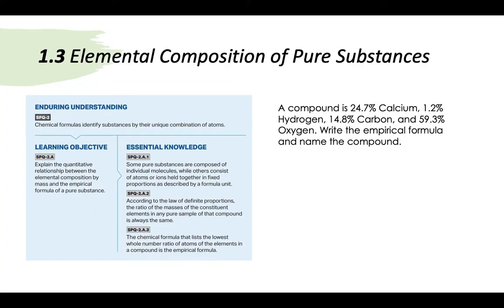So, elemental composition of pure substances. It would be something like the problem I put here on the right. A compound has this many percentages of these different elements. The first thing I would do on this type of problem is take those percents and make them 100 grams. So it would be 24.7 grams of calcium, 1.2 grams of hydrogen, etc. Then divide each by the molar mass of that element, which will give you the moles of each element in this compound.